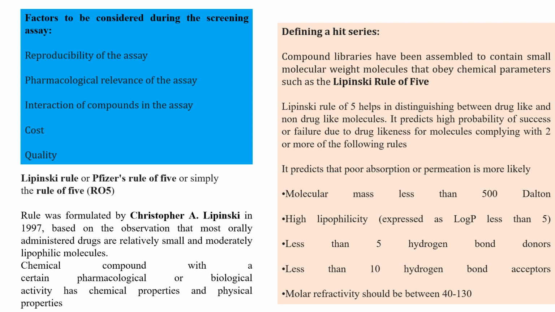This Lipinski rule is otherwise called the rule of five or Pfizer's rule, which was formulated by Christopher A. Lipinski in the year 1997. What he found was that most drugs are administered orally, and orally administered drugs are mostly lipophilic compounds.